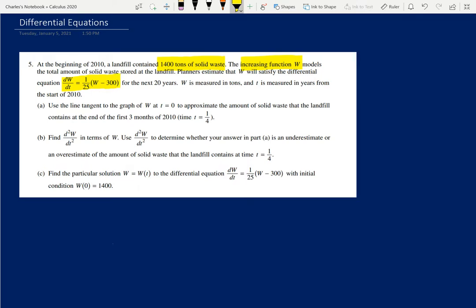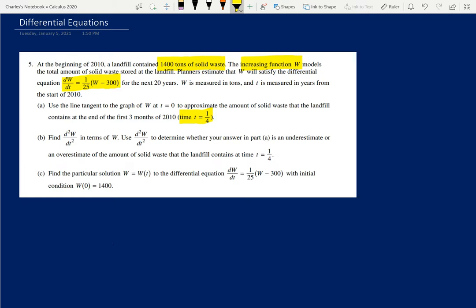W is measured in tons, t is measured in years from the start of 2010. Use the line tangent to the graph of W at t equals 0 to approximate the amount of solid waste that the landfill contains at the end of the first 3 months of 2010. They tell you that t is equal to 1/4.